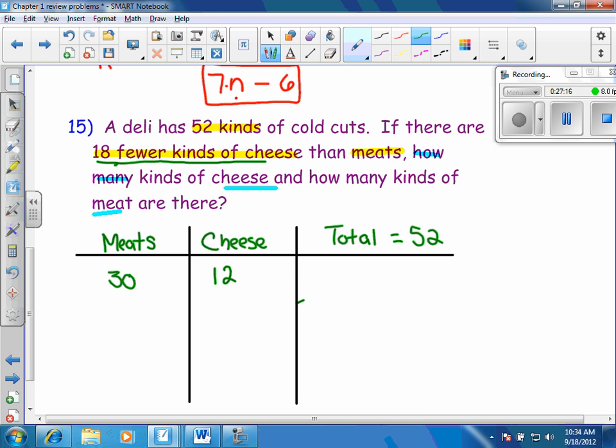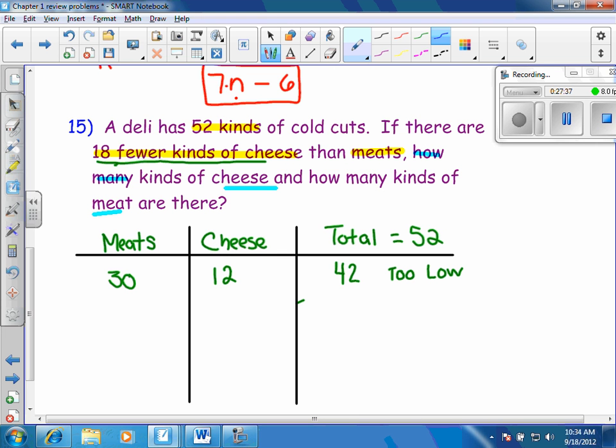So then you could add these together, and you get a total of 42. So that's too low, which means you need to increase one of your values. So then you have to decide if you want to go up or down.